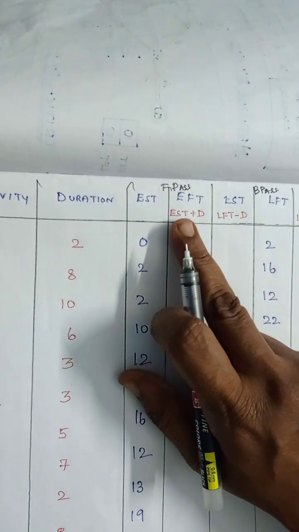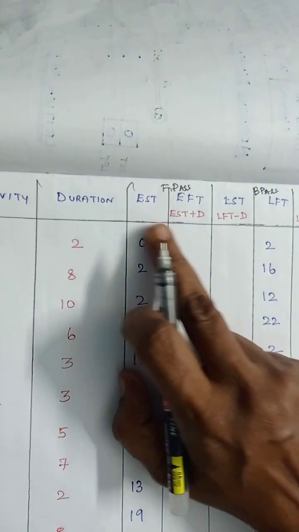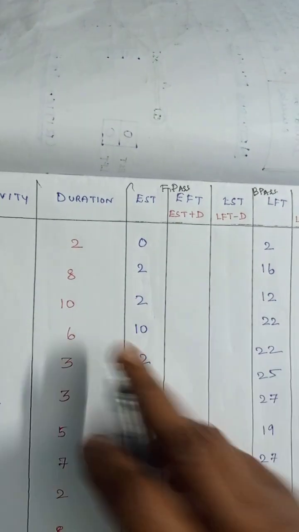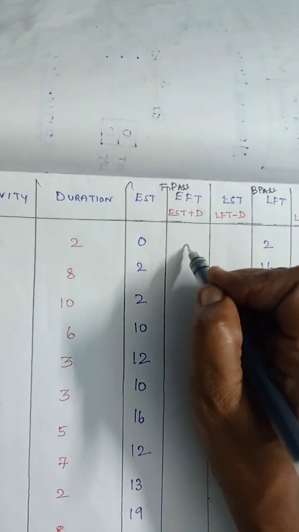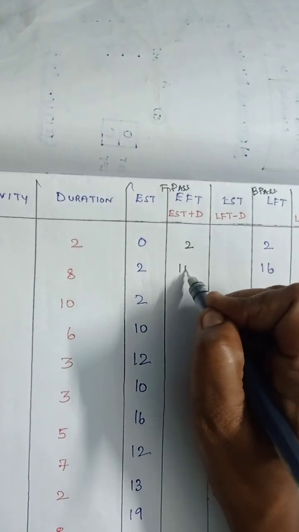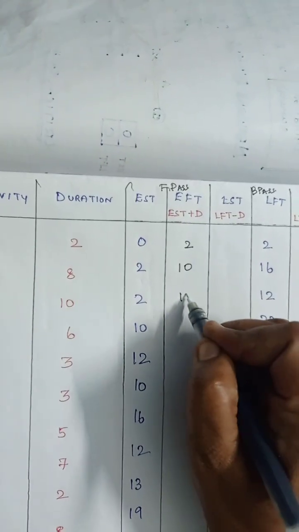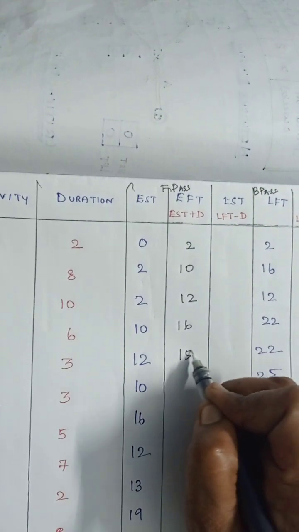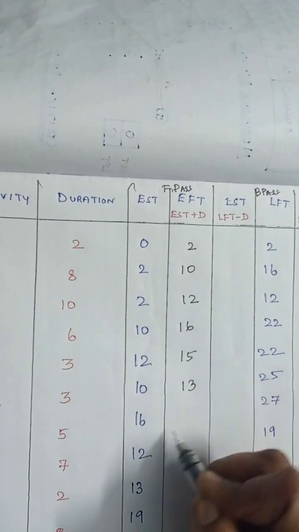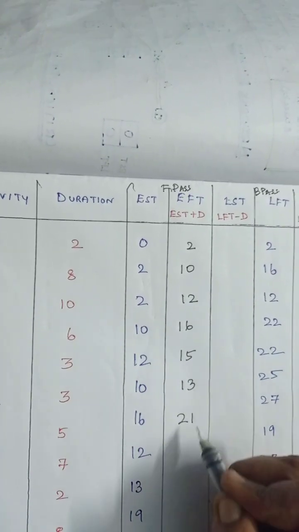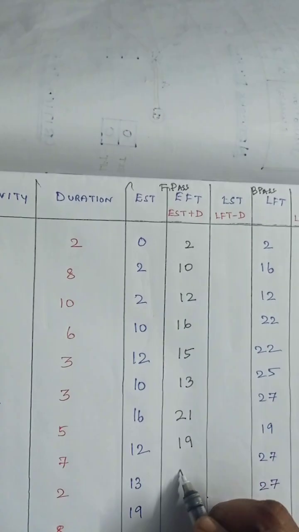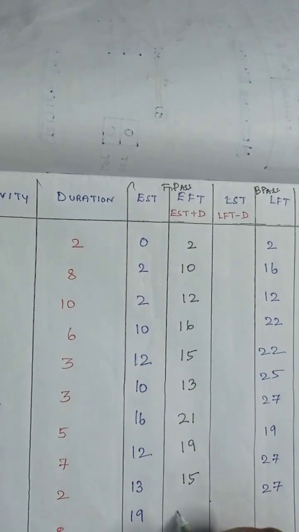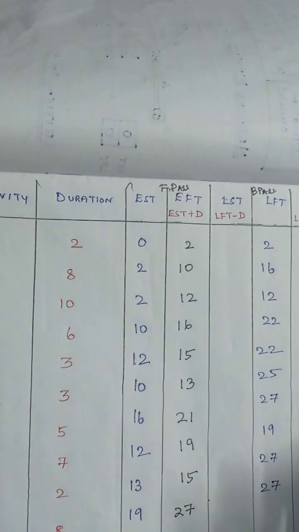To calculate EFT is EST plus duration. So 0 plus 2 is 2, 8 plus 2 is 10, 10 plus 2 is 12, 16, 15, 13, 21, 19, 15, 27.